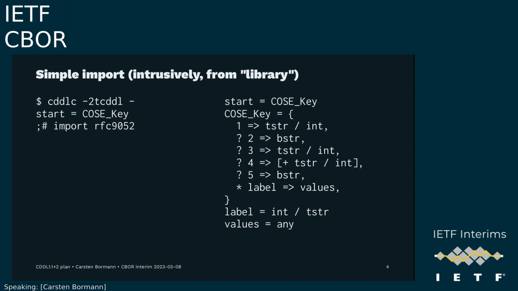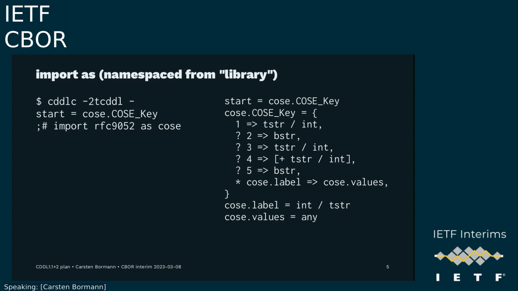So these are then recursively copied over. So the thing you see on the right-hand side is exactly what the CDDLC tool produces. So this can then be processed by a CDDL1 tool, like the original CDDL tool or CDDL CodeGen or whatever you are using. So that's a simple case.